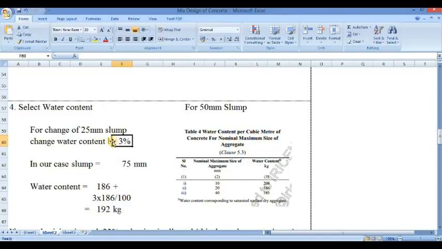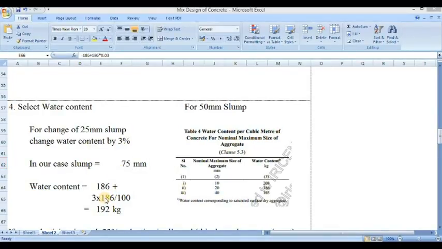Clear? So just calculate how much water you need for your 75 mm. From the codal value, for 50 mm slump you need 186 liter or 186 kg of water. But in our case it is 75 mm, so for 25 mm extra we have to add 3% extra water.